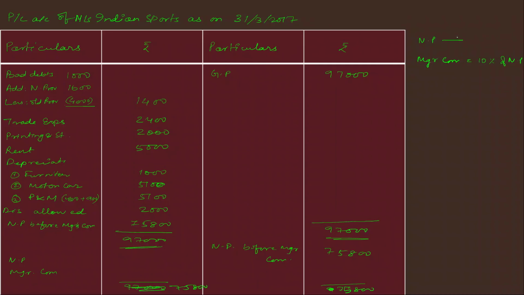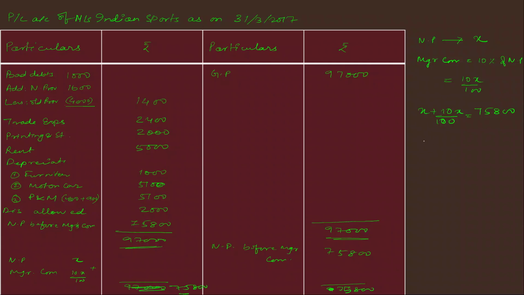Now let's assume this net profit as my X and manager's commission will be 10% of X. So 10% of X means 10x by 100. That means this NP is X, this manager commission is 10x by 100. So X plus 10x by 100, I will get this amount 75,800. So X plus 10x by 100 is equal to 75,800.